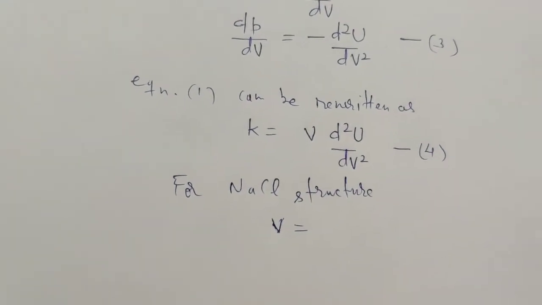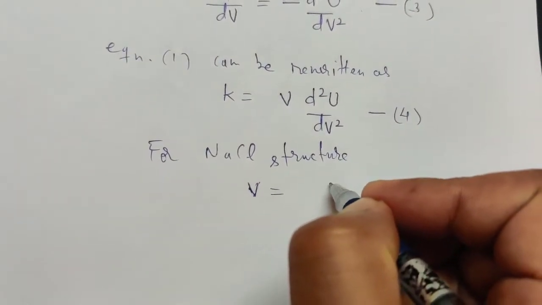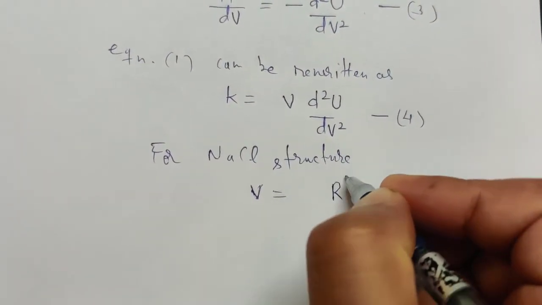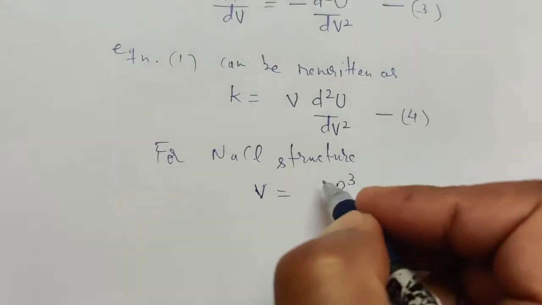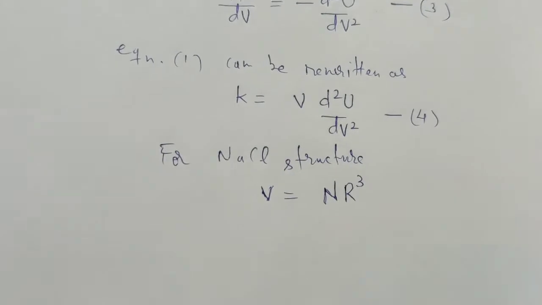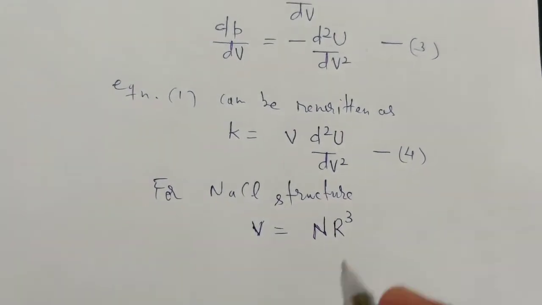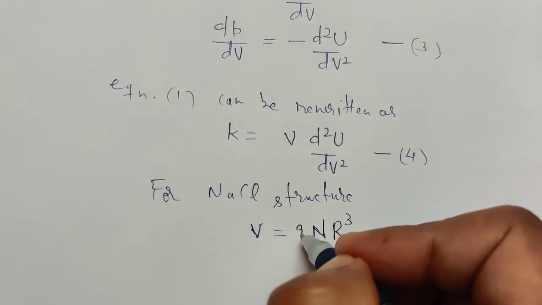If you write it in terms of the nearest neighbor distance, this will be capital R cubed, the nearest neighbor distance, and let capital N be the number of atoms in the ionic NaCl crystal, and multiply by 2.